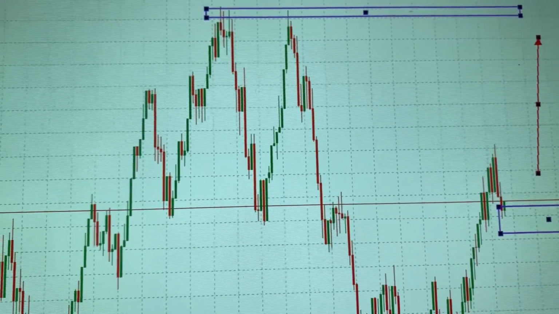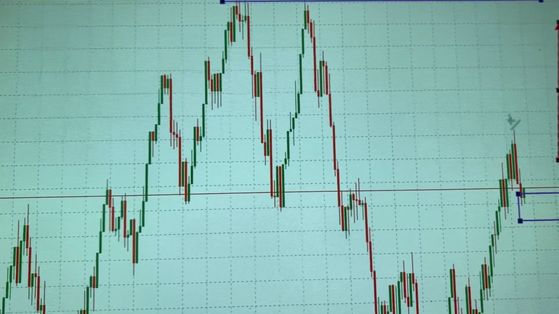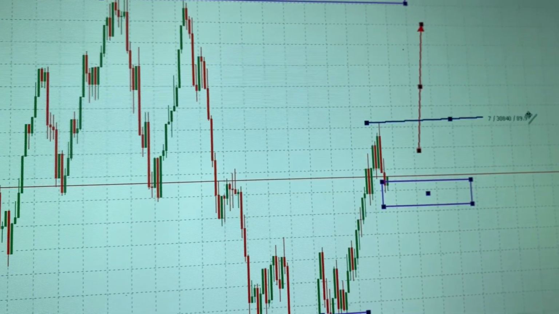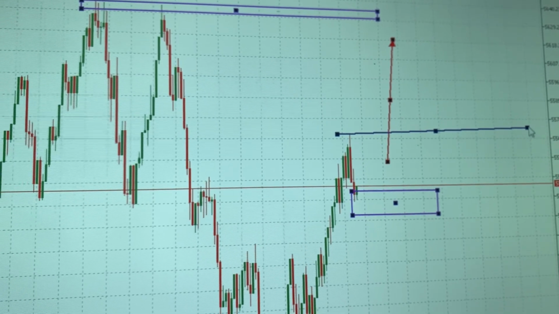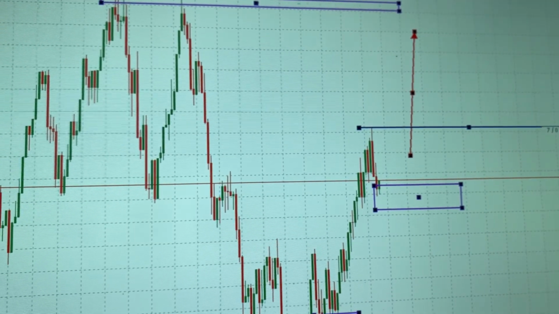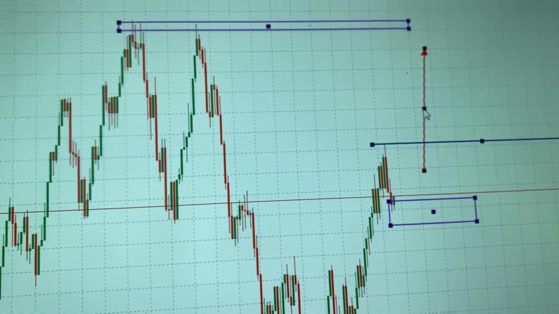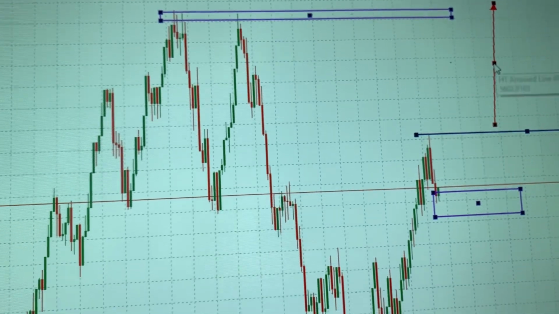If I'm to enter this trade, I would want to enter it maybe if it breaks this zone. So if it breaks my price right here, then I'll actually enter into a buy trade. So the safest place to start your buy trade is right around here.